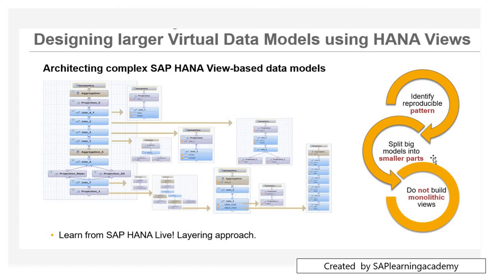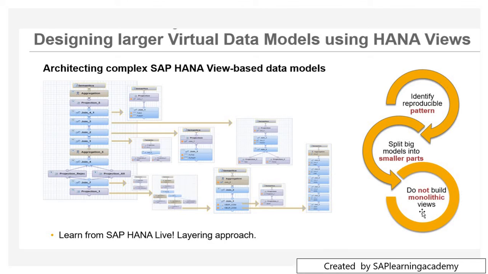So as I told, you should not make the whole calculation view in one part. You should break it into multiple calculation views and then reuse those calculation views in the bigger one. So that's why you should not build monolithic views, meaning that you should not make a bigger view in order to complete this complexity.